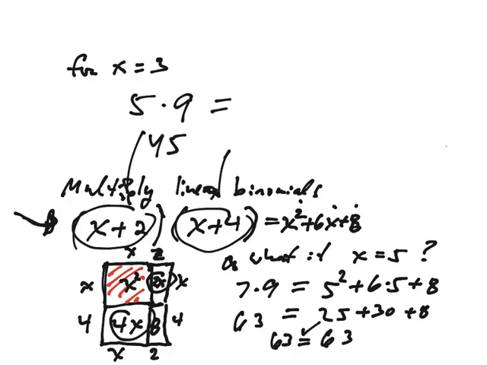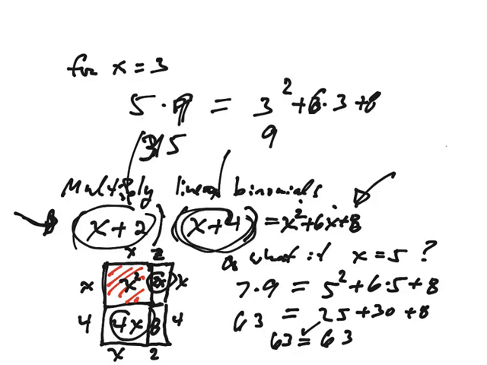And they're claiming that if I start over and take the 3 and run it through this pattern, 3 squared plus 6 times 3 plus 8, which is 9. Something went wrong there. Well, it's not 5 times 9, is it? It's 5 times 7, it's 35, because it's x plus 4.